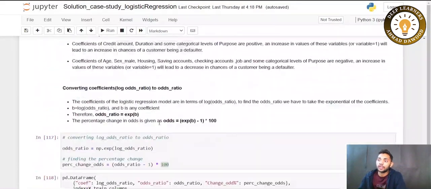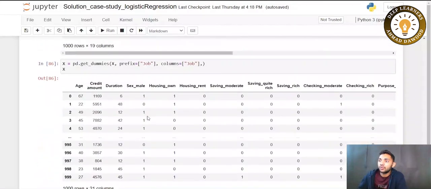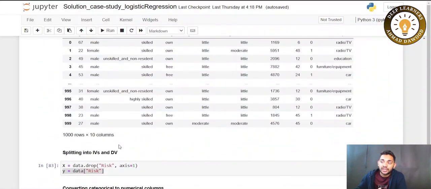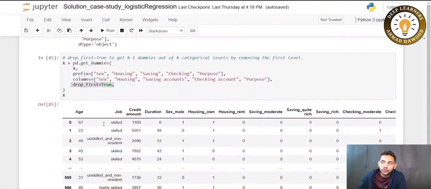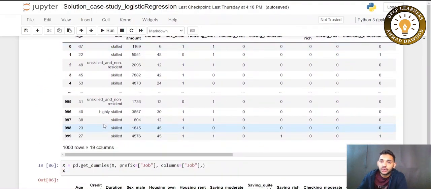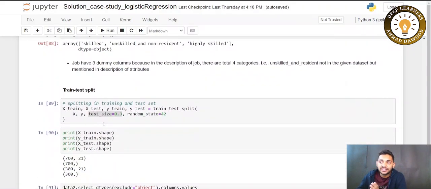Now, if I start from the top, we have seen that we had a data set. Then we transformed our categorical columns to numerical columns and did some pre-processing on our data set. Then we split our data set into train and test sets.